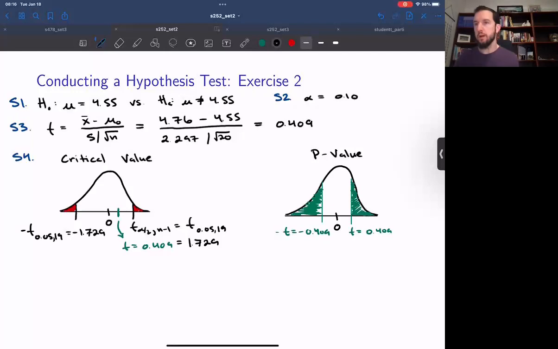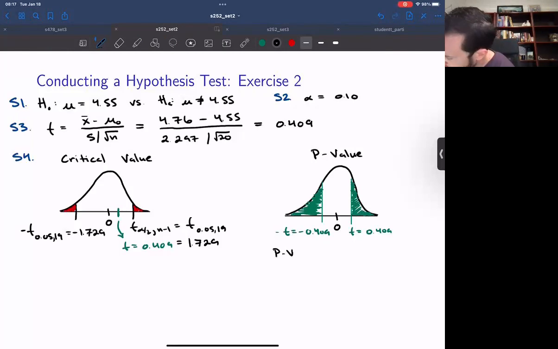Okay, so what we have to do now is find an expression for the p-value. So the first thing that we can do is write down what the p-value would be in terms of these green shaded areas underneath the student t-curve.